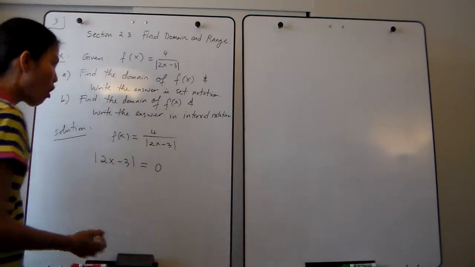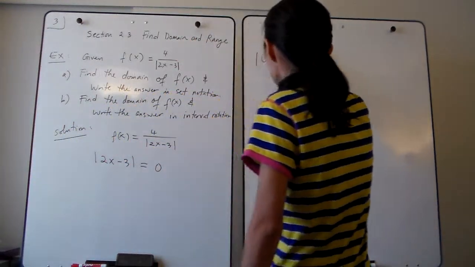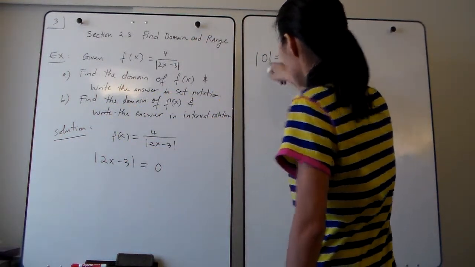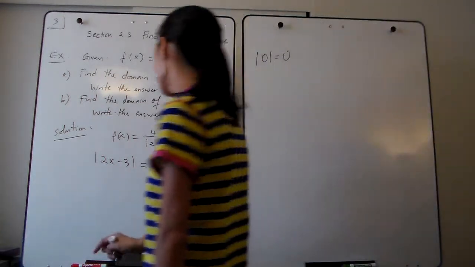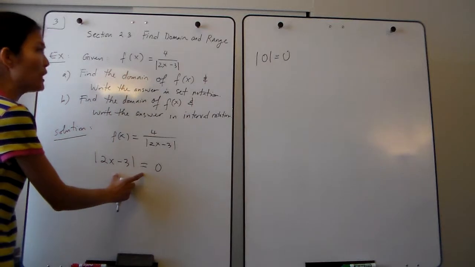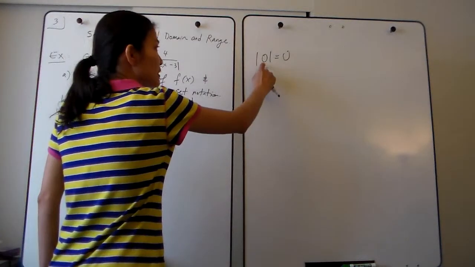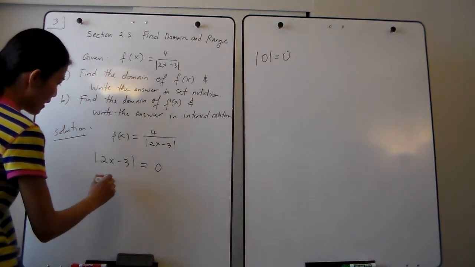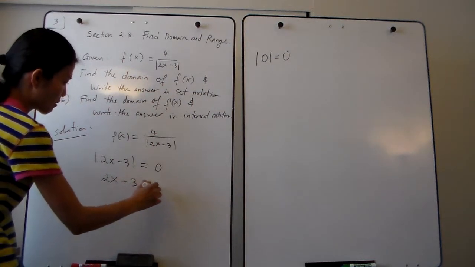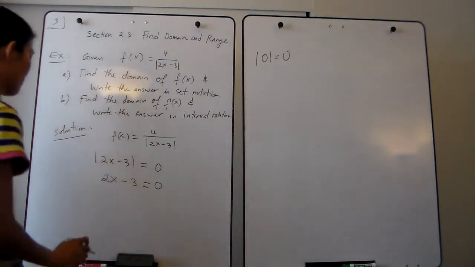So recall, the absolute value of 0 is 0, okay? So that means this equation would be true if the thing inside the absolute value is 0. So that means 2x minus 3 equals 0, okay?